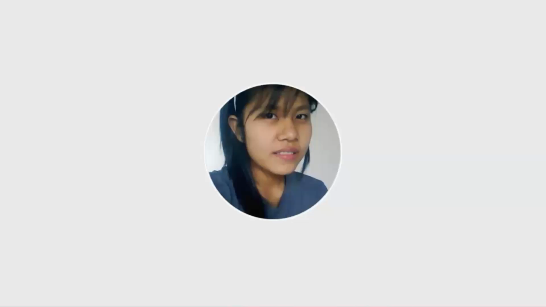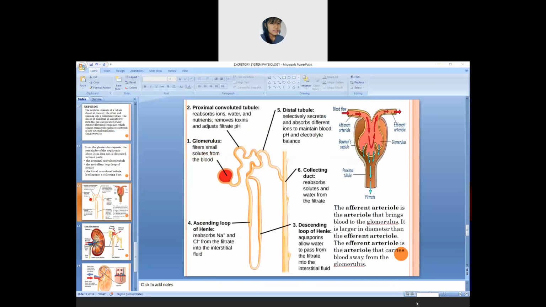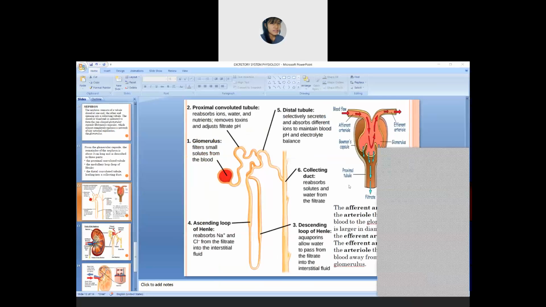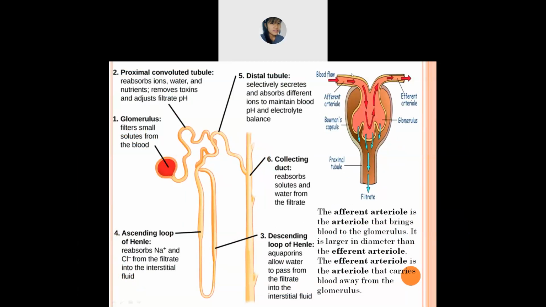Gordas, are you clear? Hello? Are you all clear about this? Function of nephrons?